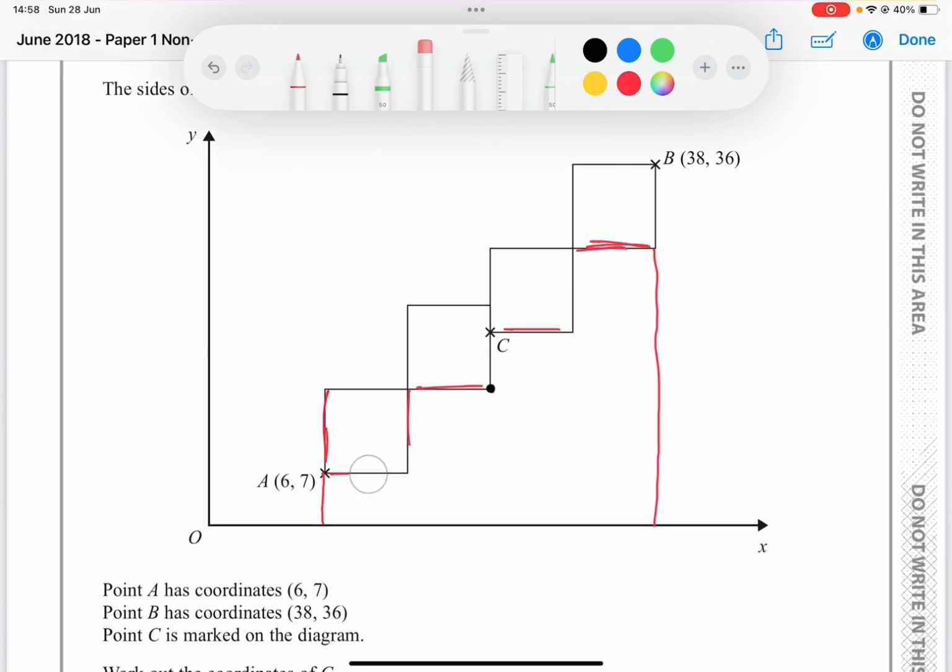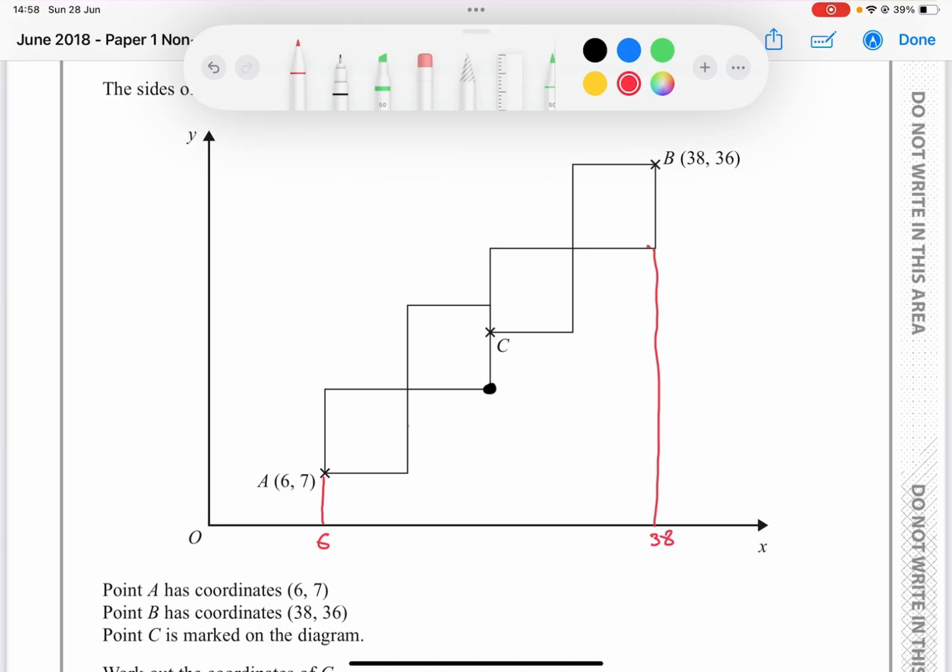Okay, so let's do that quickly. We want to work out this point over here, so let's just highlight that there. Now, the x value at point A is 6, and the x value at point B is 38.